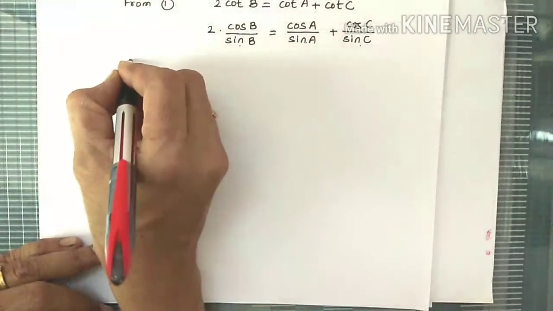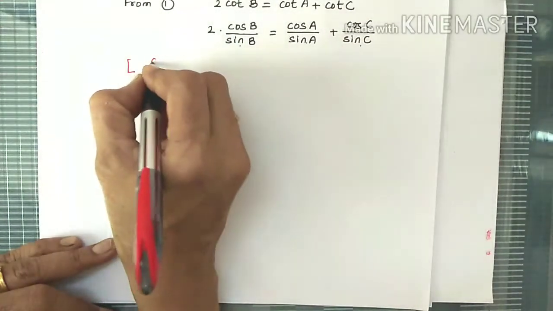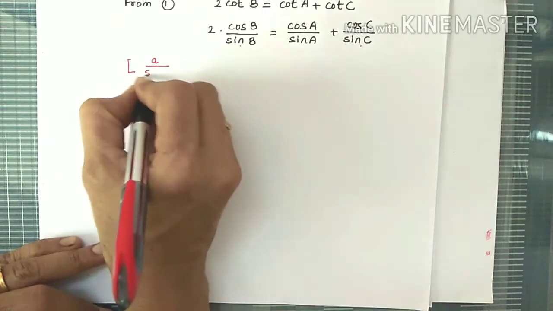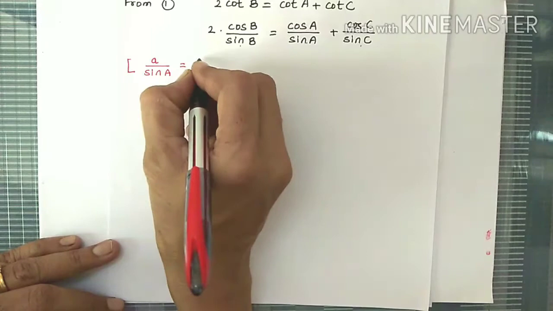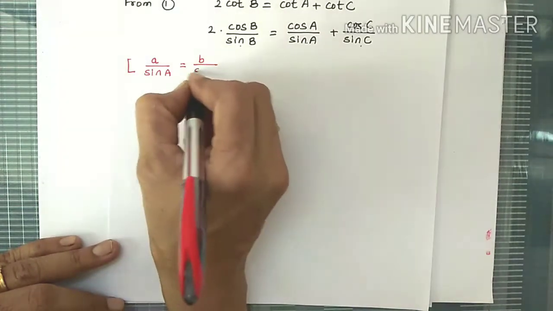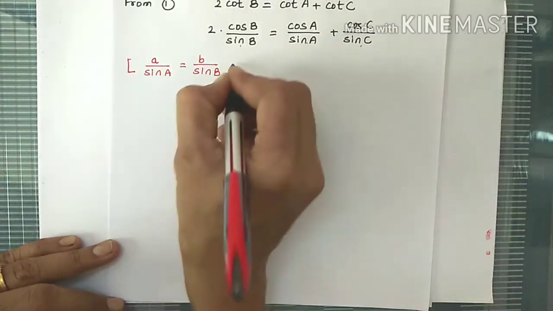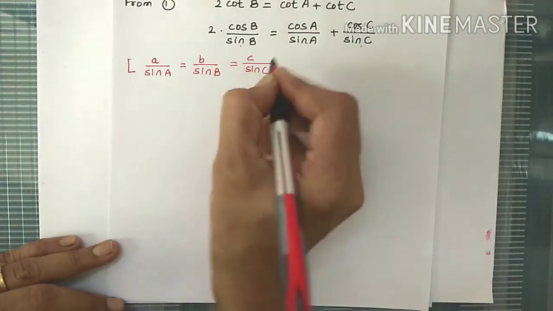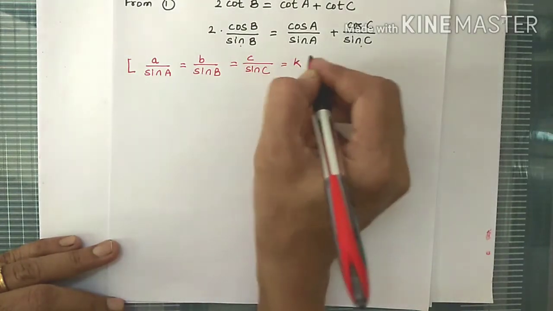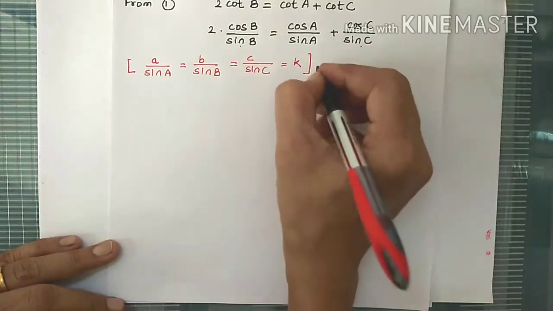So we are using both rules, sine rule and cosine rule. By sine rule, a upon sin A equal to b upon sin B equal to c upon sin C, and we are taking this ratio as k. So this is the sine rule.